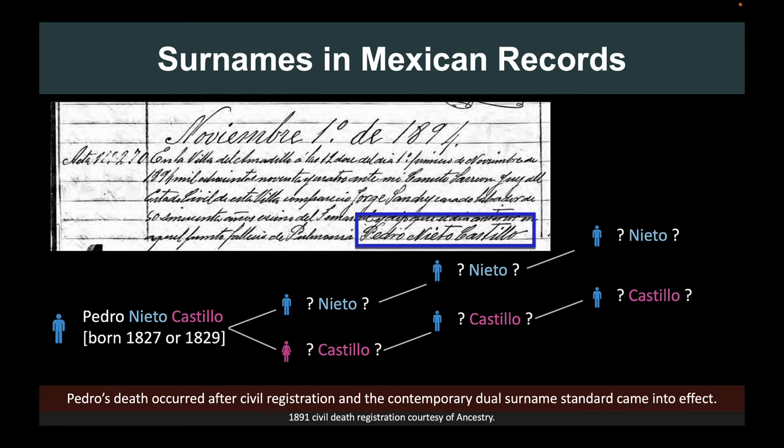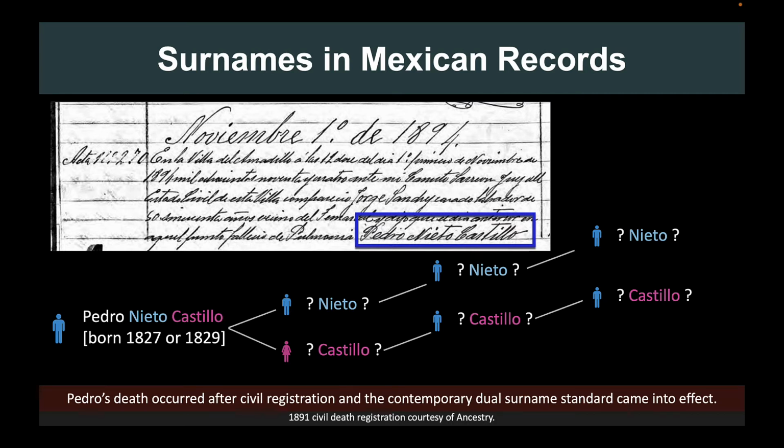Civil registration and the dual surname standard were not in place by his birth, but records from later in Pedro's life regularly identify Pedro with the dual surname, the new dual surname standard, including this death record.